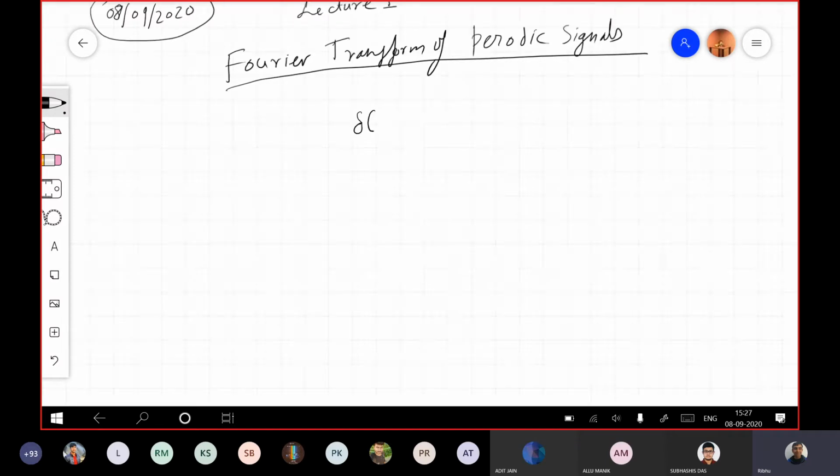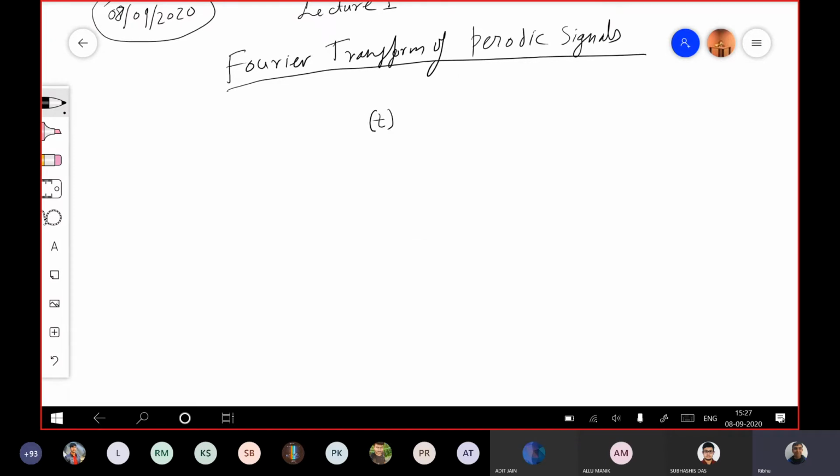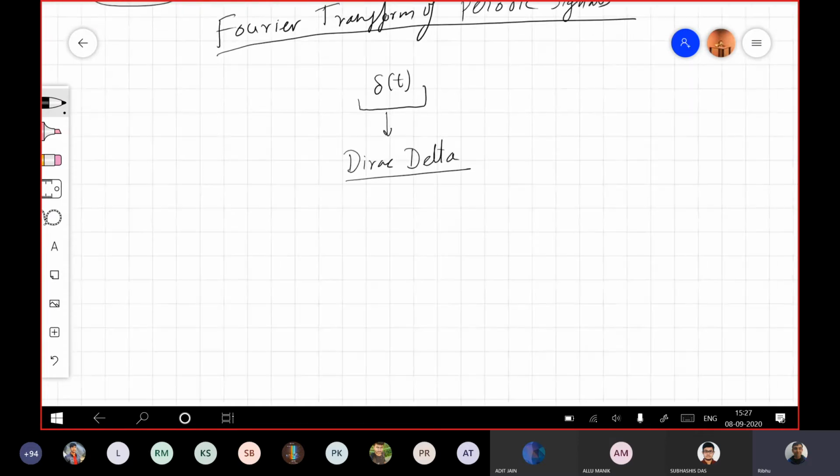This is a particularly misbehaved function. Does anyone remember it? Yes, the impulse, the Dirac delta function.